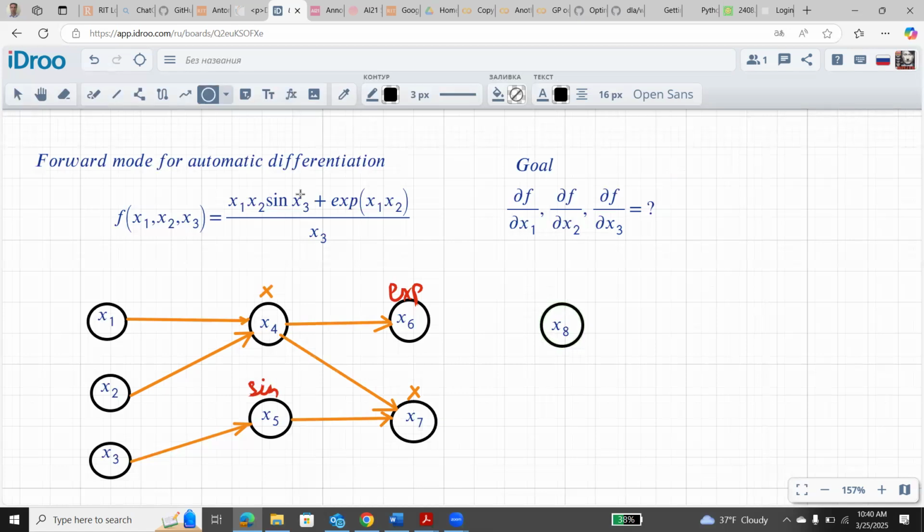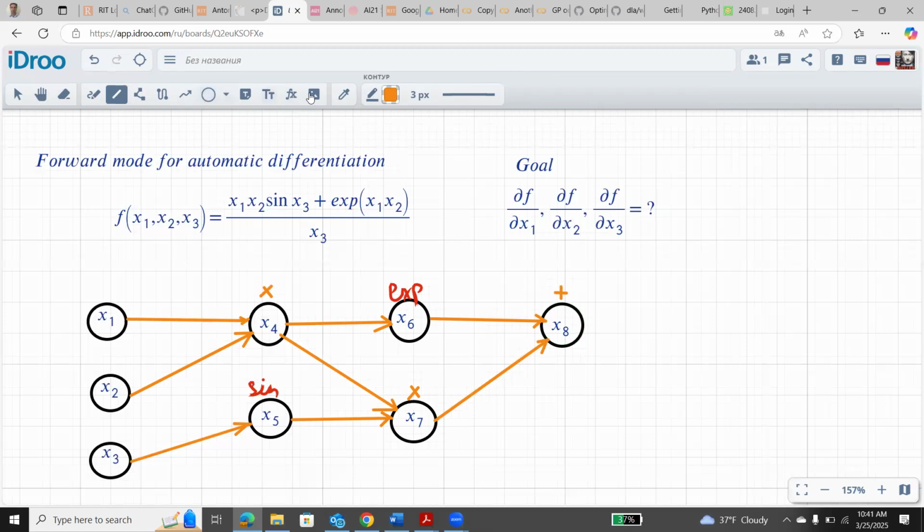And we're almost there. The only thing remaining is to divide x8 by x3 to get the final value of our function. So this is this addition.